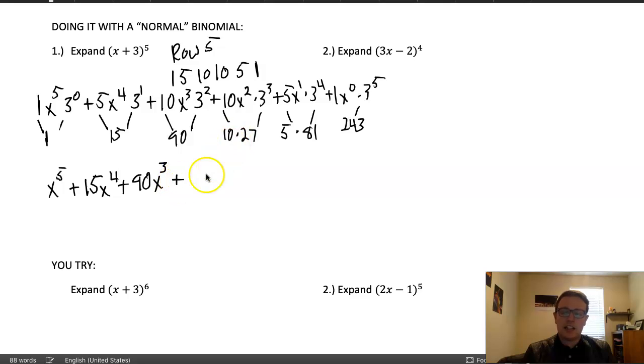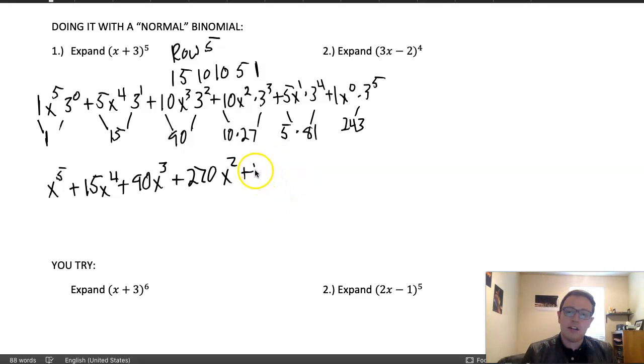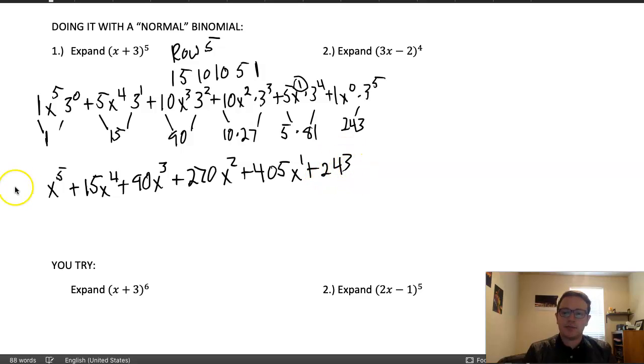Then we'll have 10 times 27, or 270, and then we're left with x squared. Our next one is going to be 5 times 81. Let's go ahead and throw that into our calculator. We see that this one will be 405. And how many x's are we left with? We're left with 1, so this is 405x to the 1, plus 3 to the 5th. We have 1 times 3 to the 5th, or 243. So this is our answer for expanding out x plus 3 to the 5th.